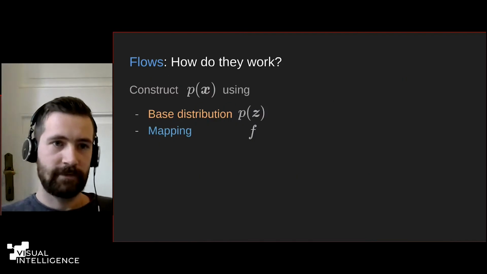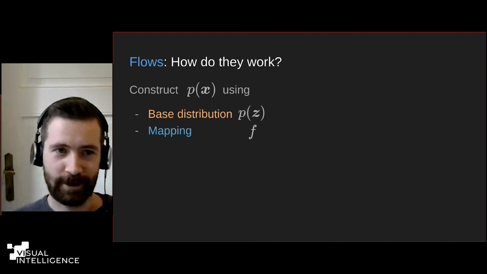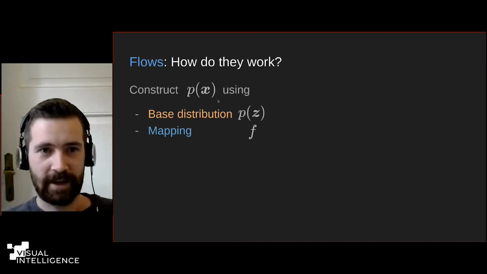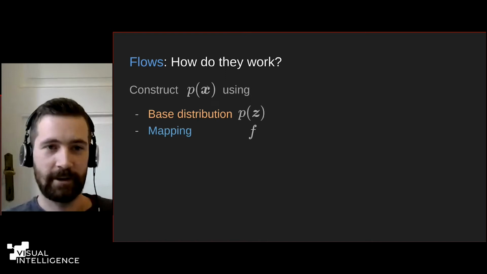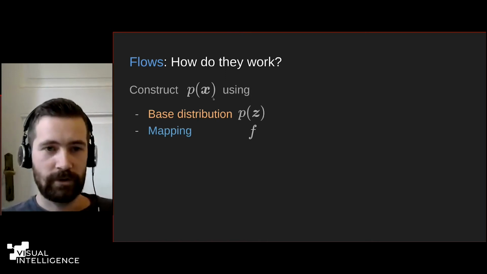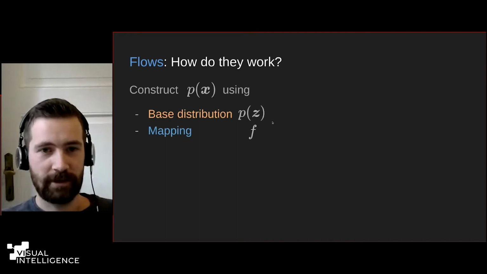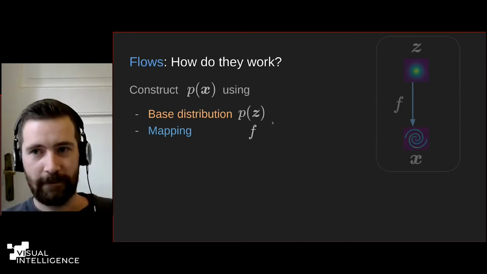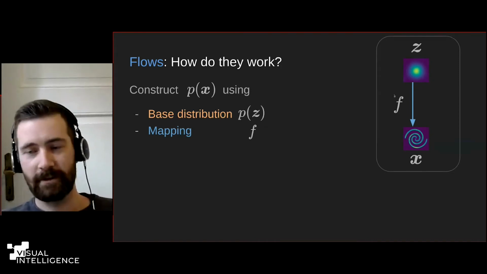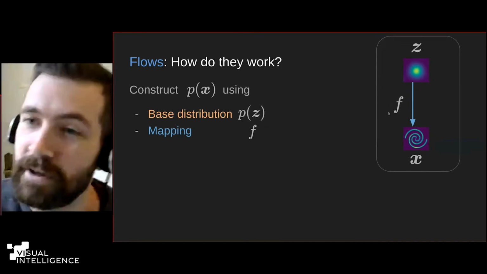So flows, how do they work? To construct some distribution p(x), where x could be our image or images, we use two things. We use a base distribution, p(z), and a mapping f. This is some deterministic mapping, could be some form of neural network.